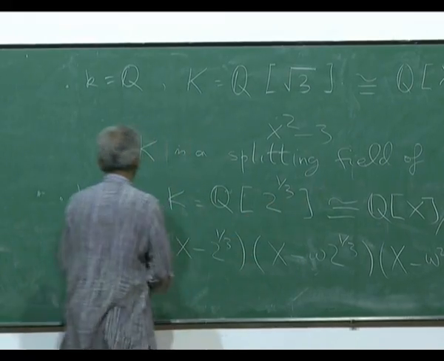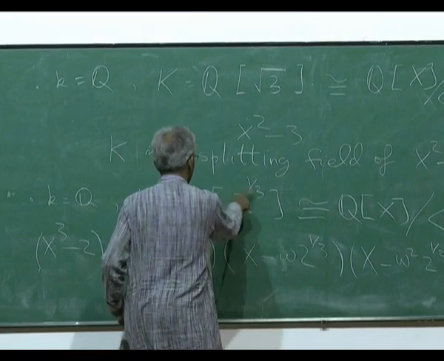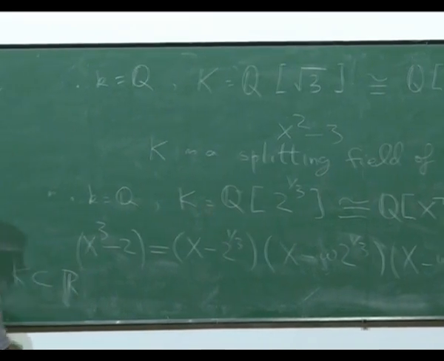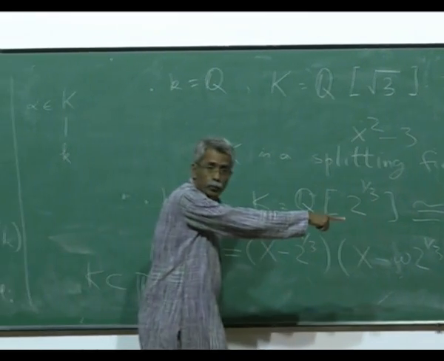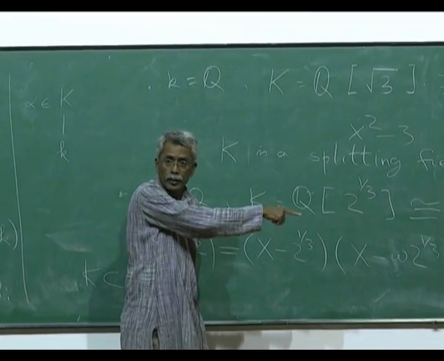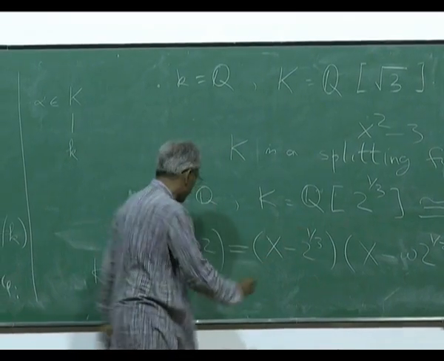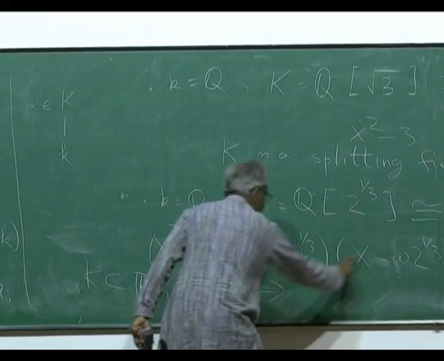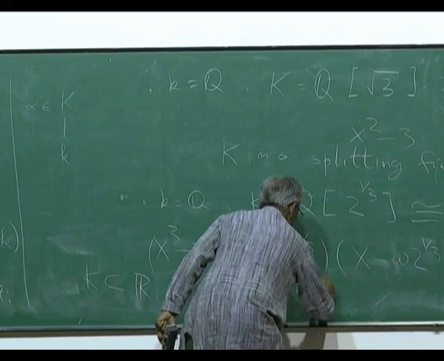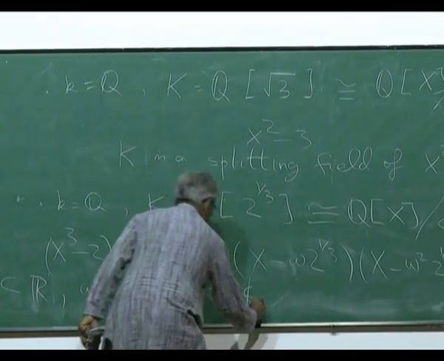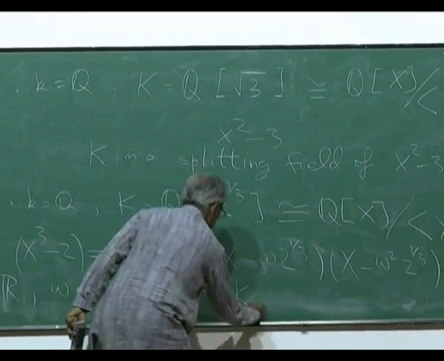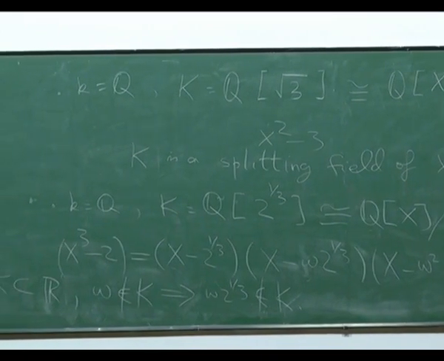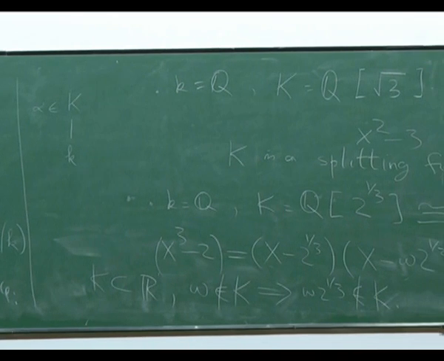But K is a subfield of real numbers, so K is contained in R. Omega is a complex number which is not real. Omega does not belong to K. So this implies omega 2 power 1 by 3 cannot be in K, and same with the other one.